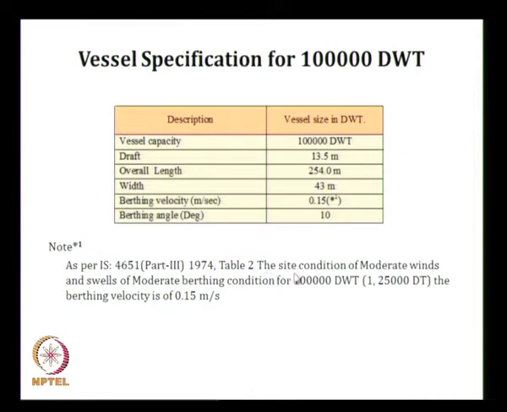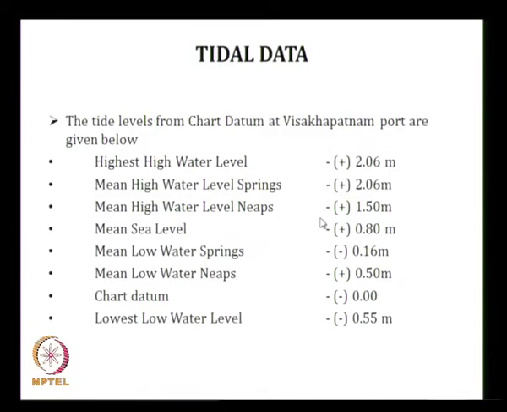In that we are choosing the site condition as moderate wind and swell and moderate berthing condition. If it is 100,000 DWT, the displacement tonnage is given as 125,000 and the berthing velocity is taken as 0.15 meter per second. To estimate the berthing force we need this data. The berthing angle is taken as 10 degrees.